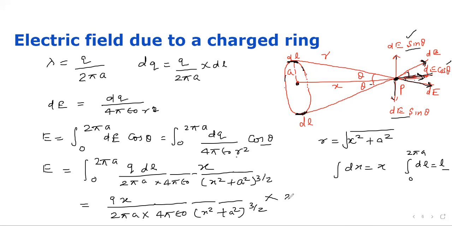This term will give 2 pi a, so 2 pi a and 2 pi a will cancel out. So we have the result E equal to Qx divided by 4 pi epsilon naught times x square plus a square whole power 3 by 2.